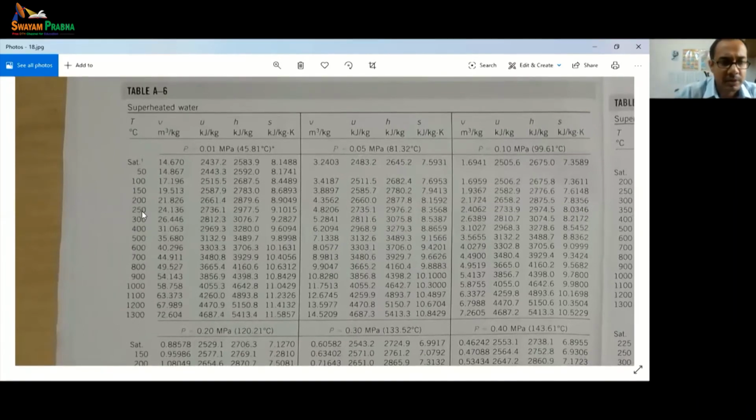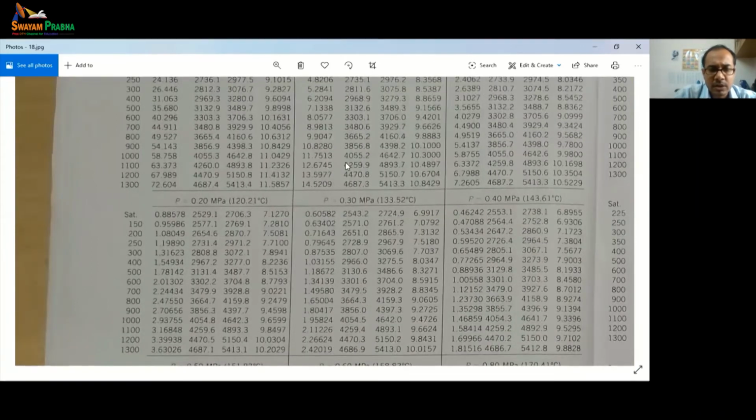Here we have 250 degrees centigrade, but the specific volume has to be close to 0.7927. Okay, so let's look here: at 250 degrees centigrade, specific volume is way above, here also way above.